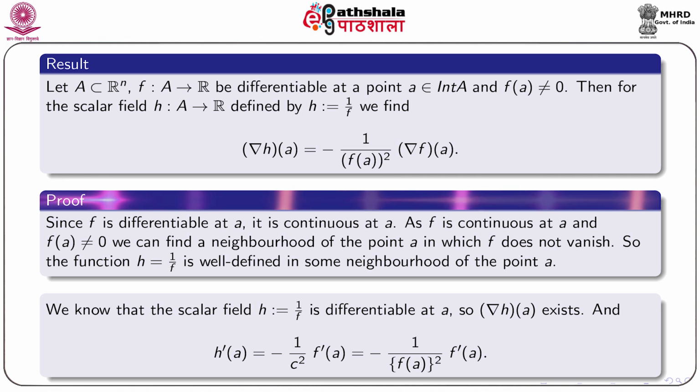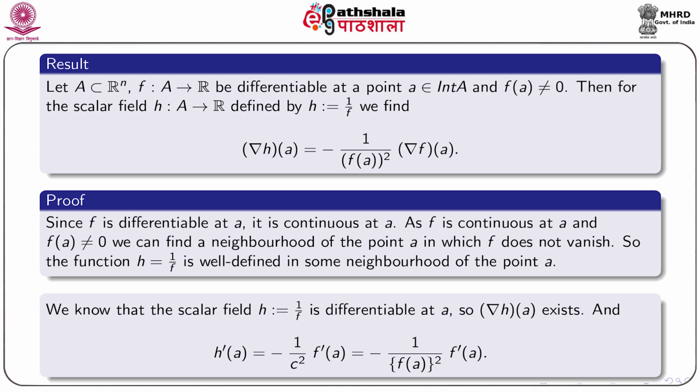We mention the proof. Since F is differentiable at a, it is continuous at a. As F is continuous at a and F(a) is different from 0, we can find a neighborhood of the point a in which F does not vanish. So the function h equal to 1 by f is well defined in some neighborhood of the point a.